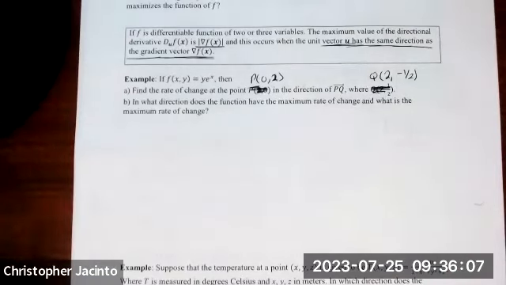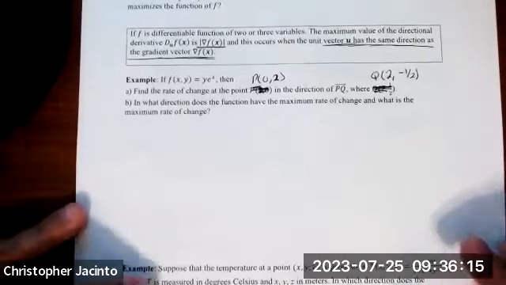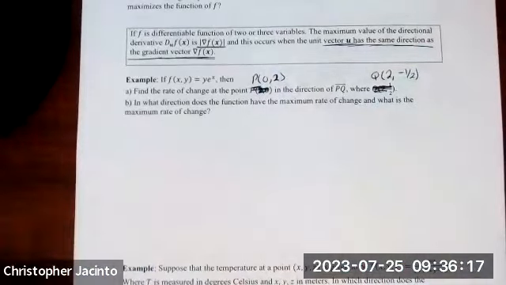Part B is: in what direction does the function have the maximum rate of change, and what is the maximum rate of change? Okay. So first, we're just going to find the rate of change from here to there. That's all we're going to do.